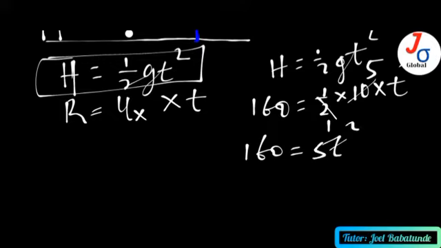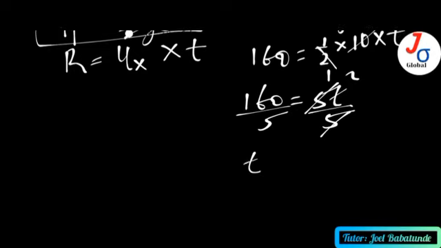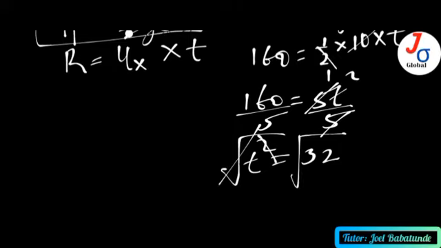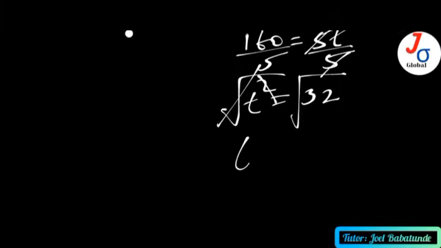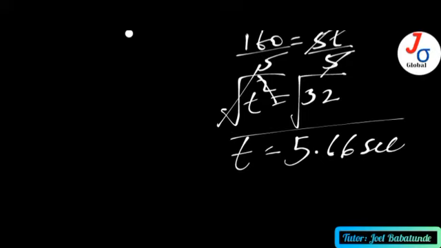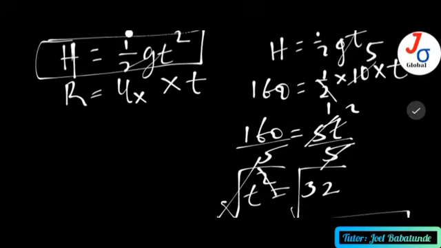I'm going to divide both sides by 5, so t squared equals 160 divided by 5, which is 32. Take the root of both sides because of the square, so t equals the square root of 32, which is 5.66 seconds. So that's the time of flight.